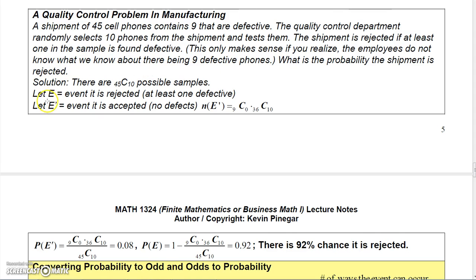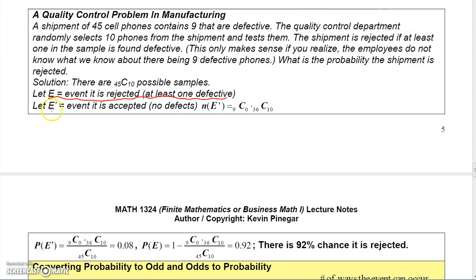So basically, I want the probability of at least 1 defective part. But that's hard to do because I'd have to find the probability of 1 or 2 or 3 or 4 all the way up to 9.